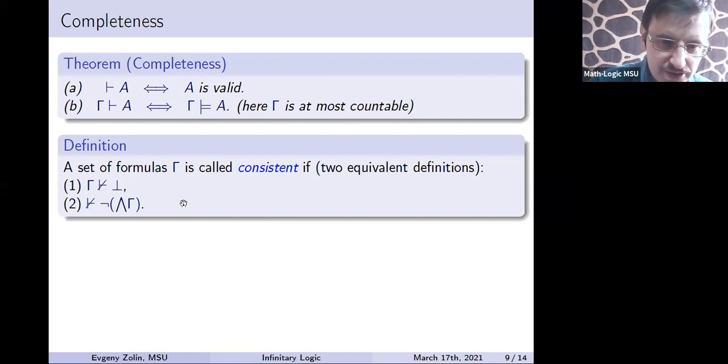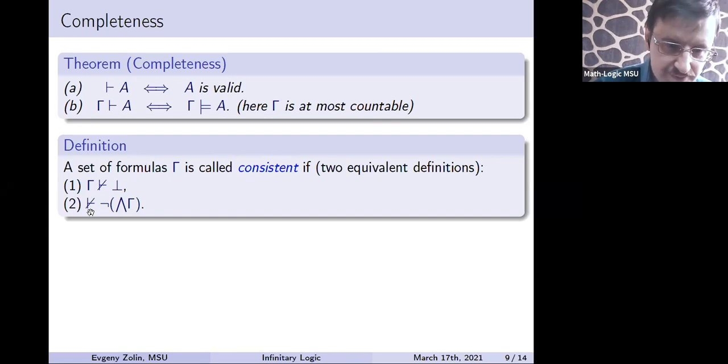So this definition of a consistent set is a straightforward generalization of the usual one. But now we can take countable conjunctions, so it is easier to formulate. A set of formulas gamma, at most countable, is called consistent if we cannot prove false from these formulas.